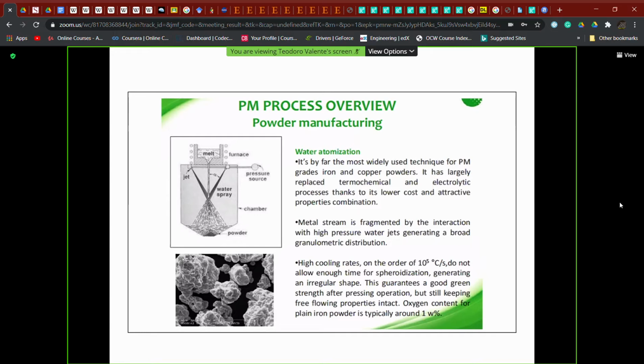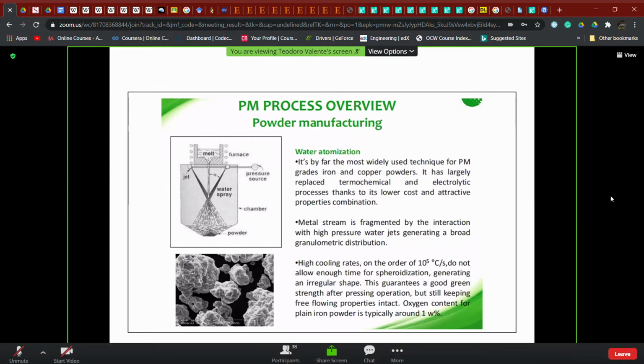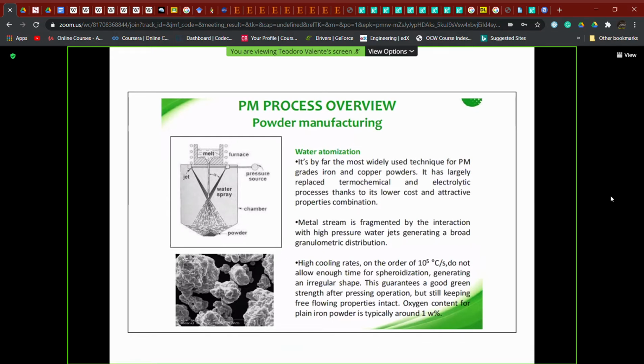And so, generally speaking, for iron-based powders, the oxygen content after solidification is quite low, typically around 1% in weight.